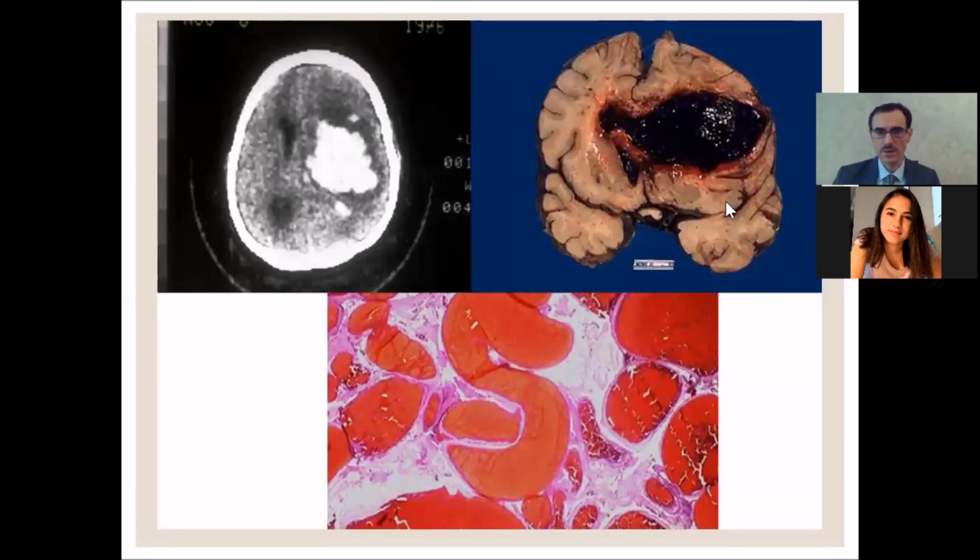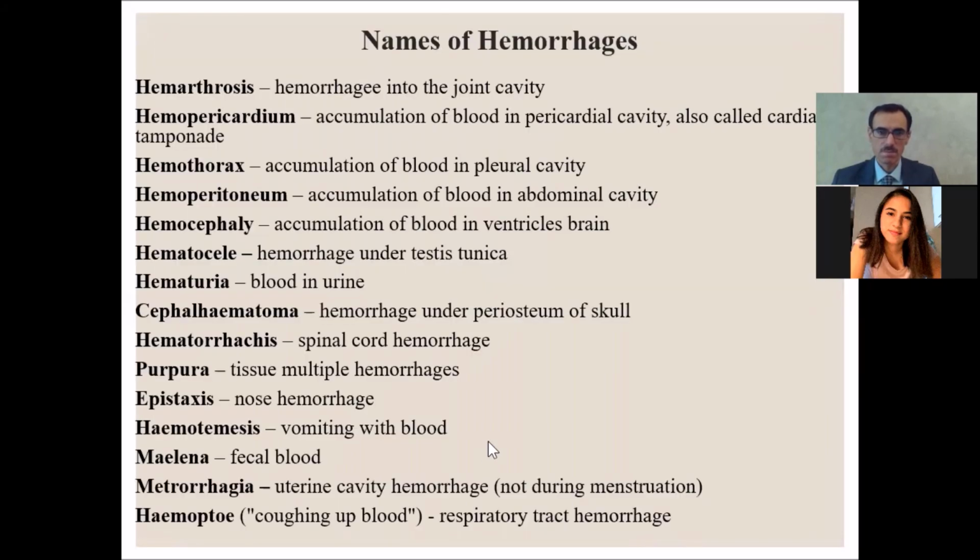Also the cerebral hematoma; we'll study it next term during the cerebrovascular diseases. Here you see the radiology, the gross view and the histopathology of the hematoma. There are different terms for hemorrhage from some organs, which you will probably study at home.